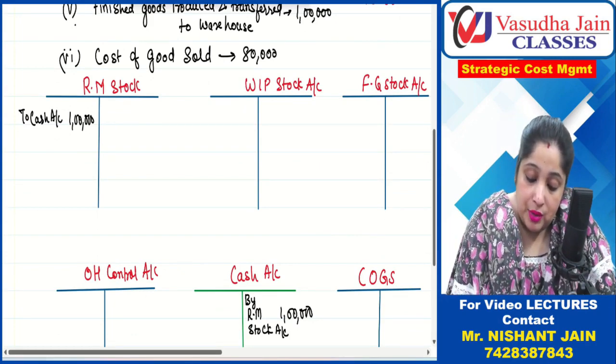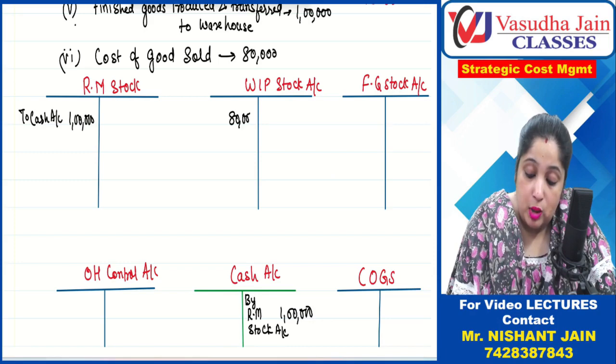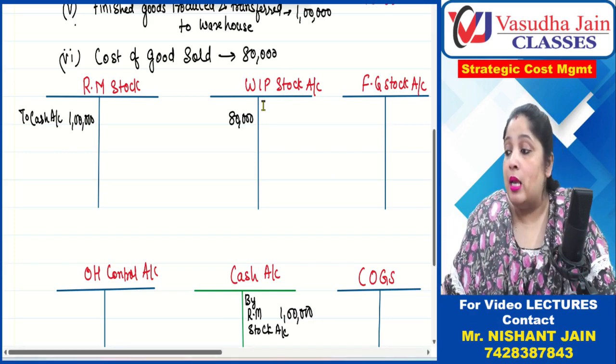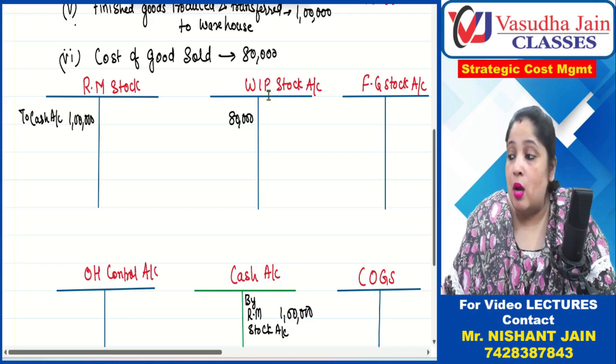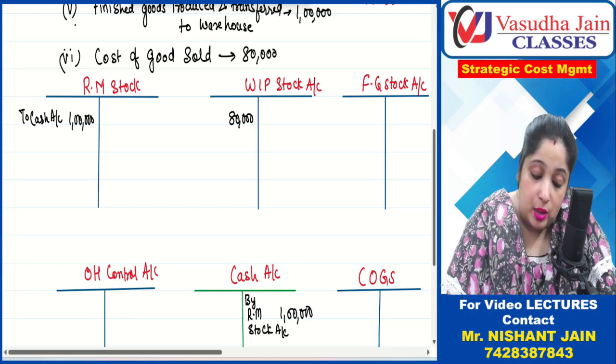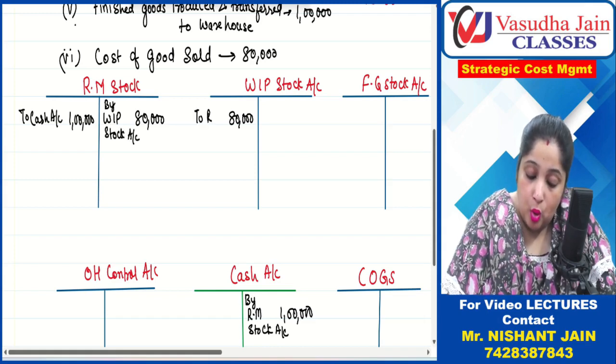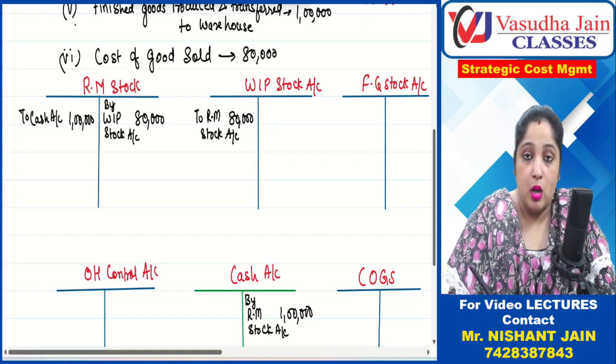I am going to transfer 80,000 to work in progress, because now my raw material stock is getting converted into another type of stock, that is work in progress stock, and my godown stock will decrease by 80,000. So here my asset is decreasing. I am going to write here work in progress stock account, and here to raw material stock account, right? Now my work in progress stock account has increased.